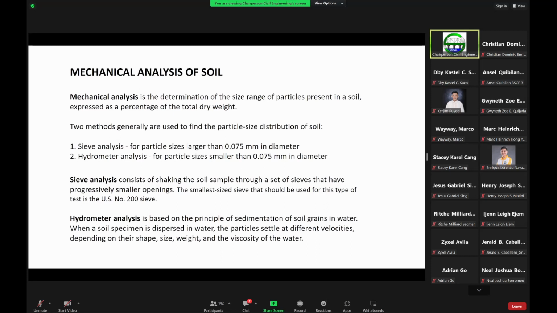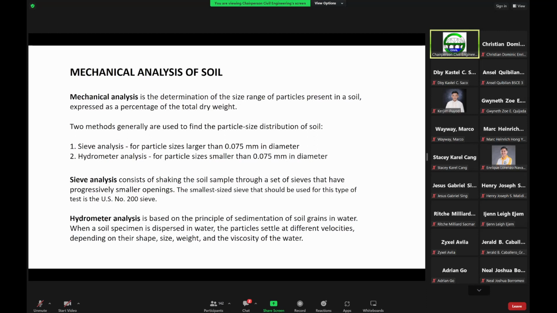Now, this can be derived from mechanical analysis of the soil. Mechanical analysis is the determination of the size range of particles present, expressed as a percentage of the total dry weight.